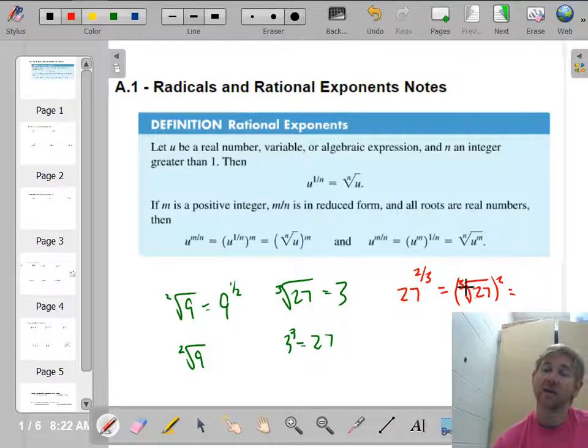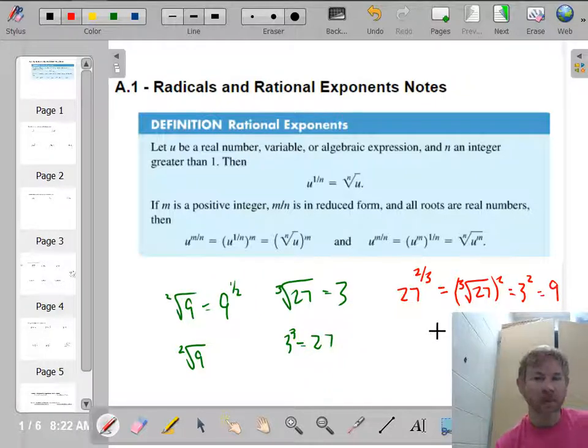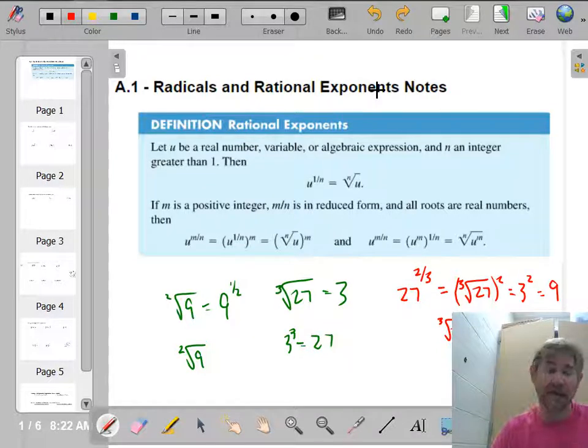You could say the third root of 27 is 3, and 3 squared is 9. Or you could also do it like this, the third root of 27 squared underneath the root. Now, if you know 27 squared off the top of your head, great, but I don't, so I'm going to do it like this basically. And that's sort of a thing that messes with people, is you could do it in a different order and get the same answer. It's just you might not know 27 squared off the top of your head.